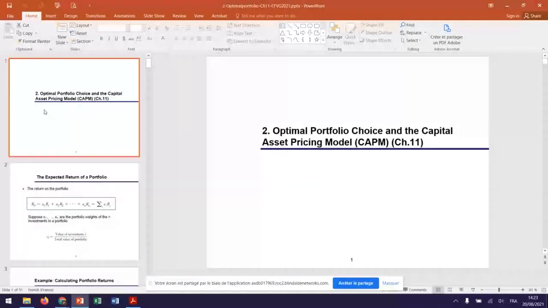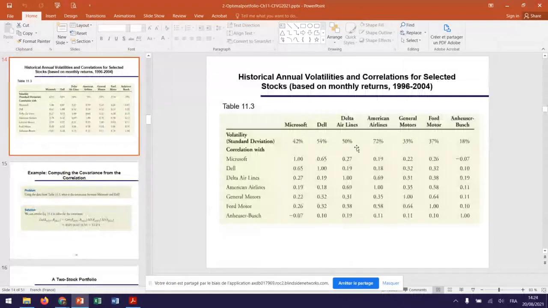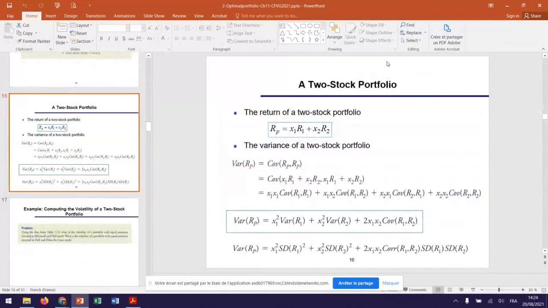And therefore, like the case that we have seen here with real stocks in the US, we are able to calculate the variance or the volatility of the two-stock portfolio, which is equal to the square root of x1 squared times the standard deviation of stock 1 squared, plus x2 squared times the volatility of stock 2 squared, plus 2 x1 x2 times the correlation of r1 and r2 times SD(r1) times SD(r2).